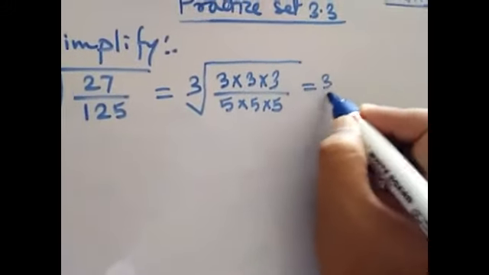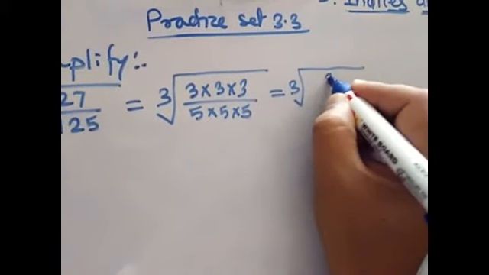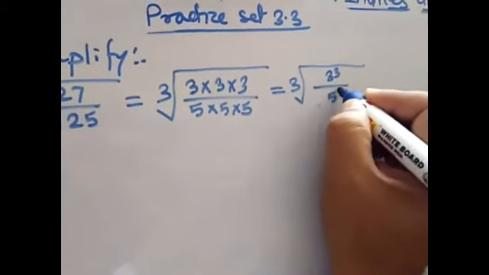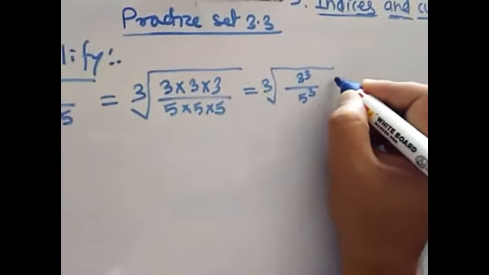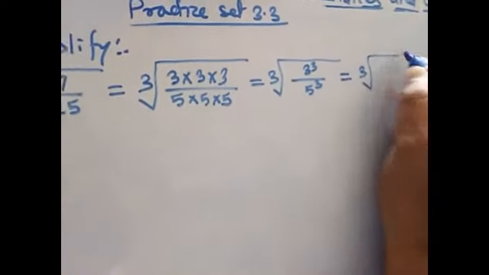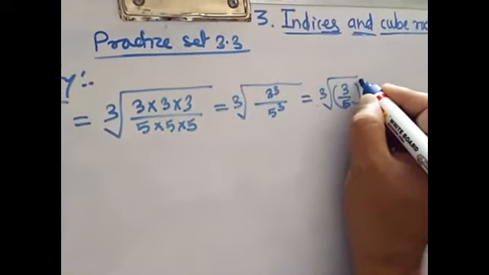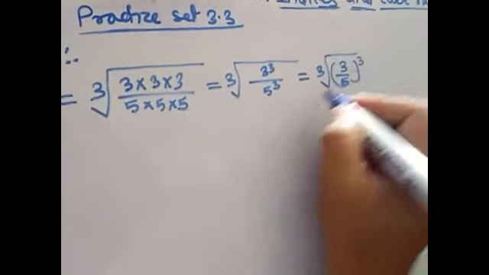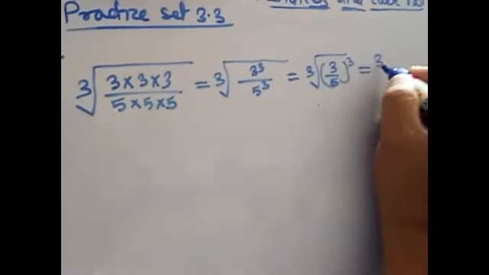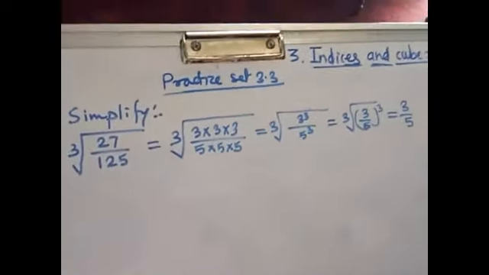So the cube root of 3 raised to 3 upon 5 raised to 3, we can write as cube root of 3 by 5 whole cube. The cube and cube root get cancelled and our answer is 3 by 5. In this way we solve.